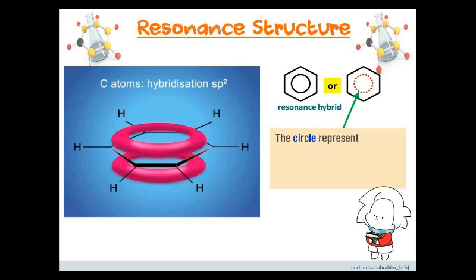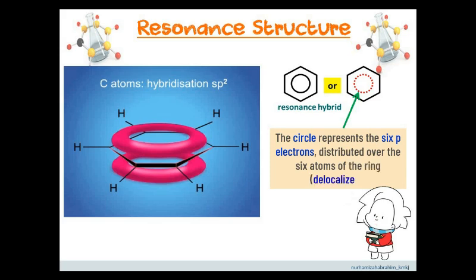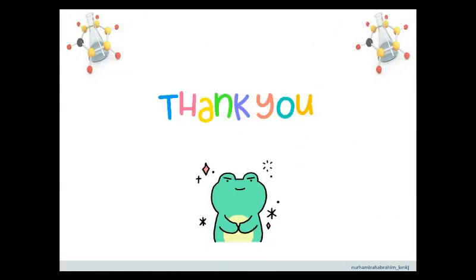The circle actually represents the 6 p electrons, distributed over the 6 atoms of the ring, which are delocalized. That's all for 6.1 Introduction. Thank you for watching.